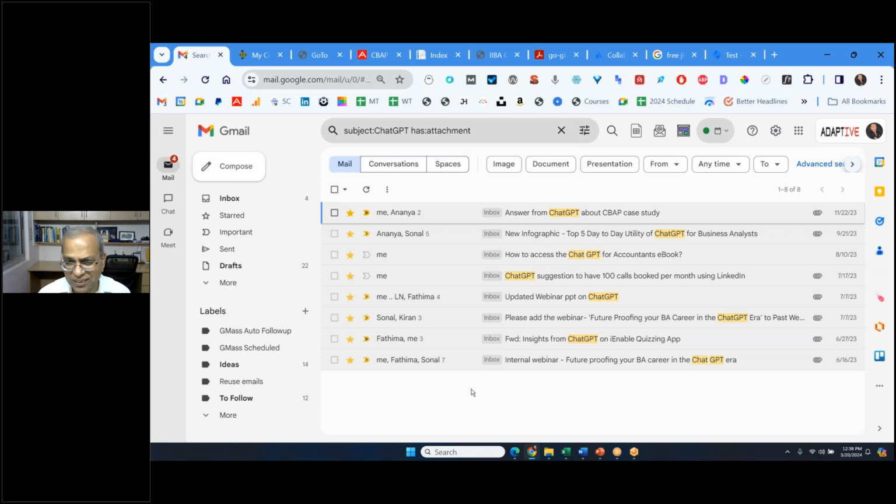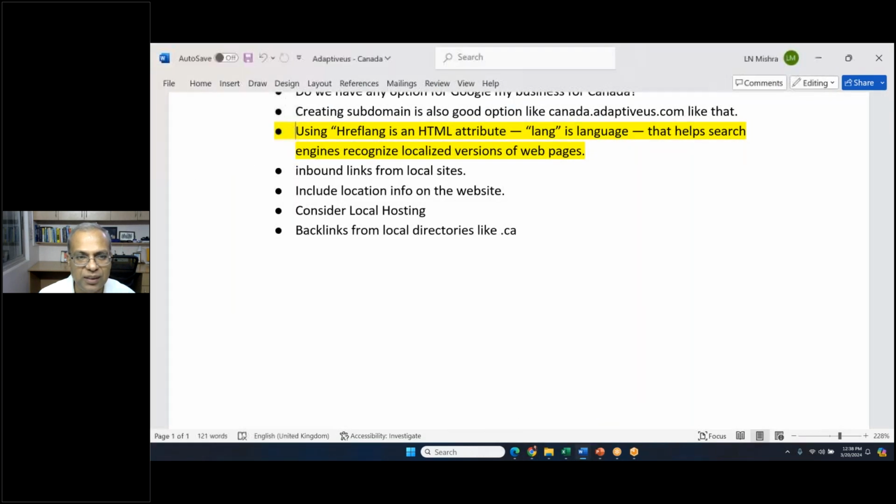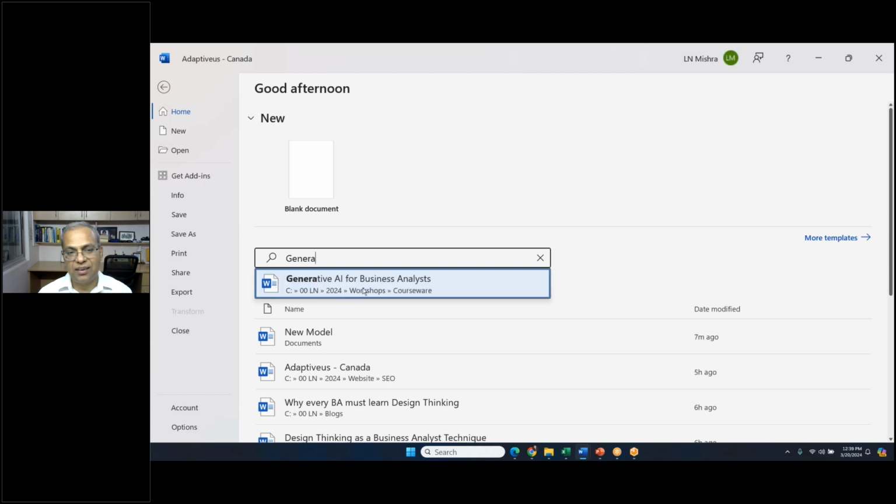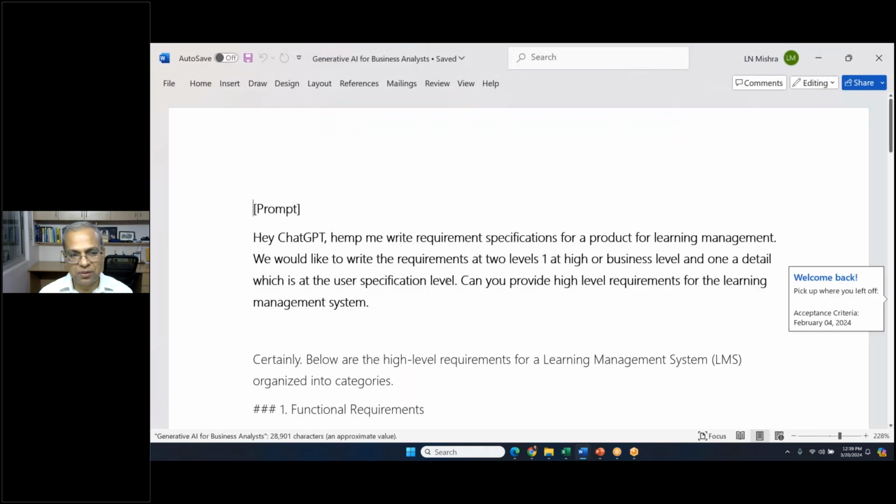I'm missing it somewhere here, but we have been using ChatGPT for a lot of activities. Let me see if by chance I am able to find it, generative AI. See, this is something that we were trying to. Okay, look at this. This is a good example.